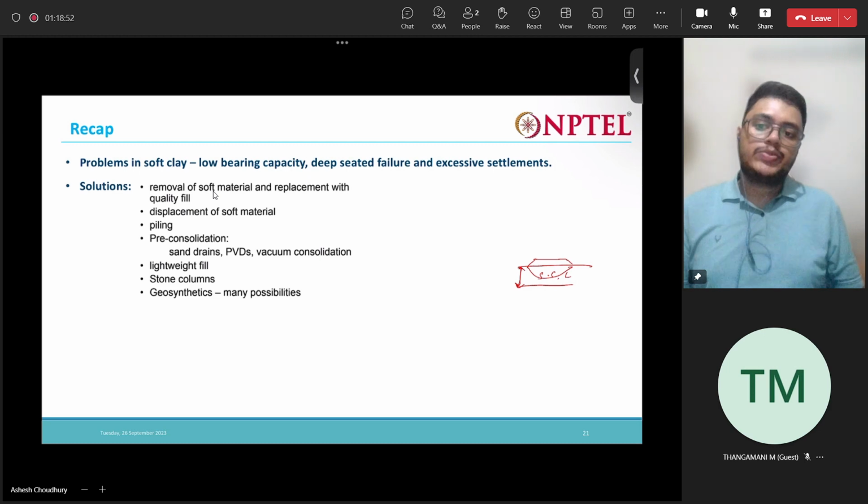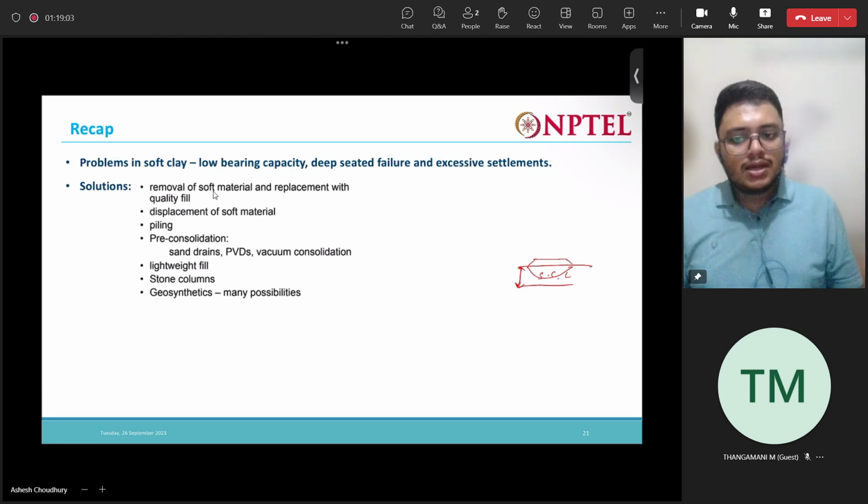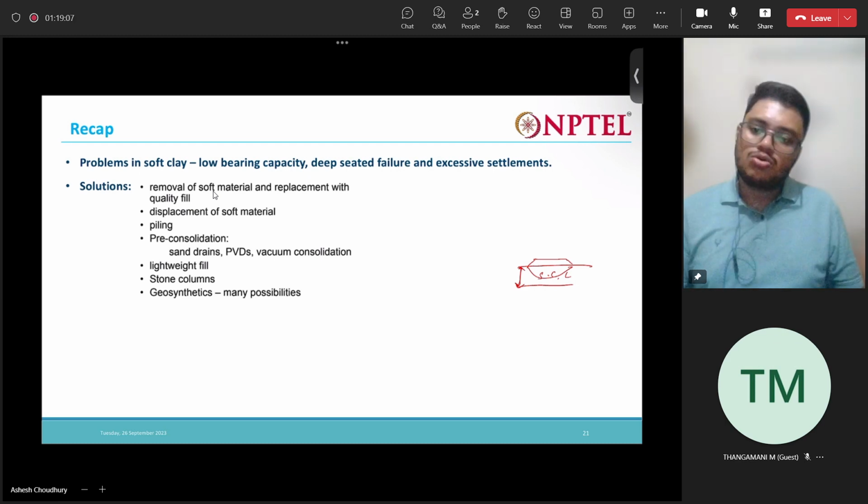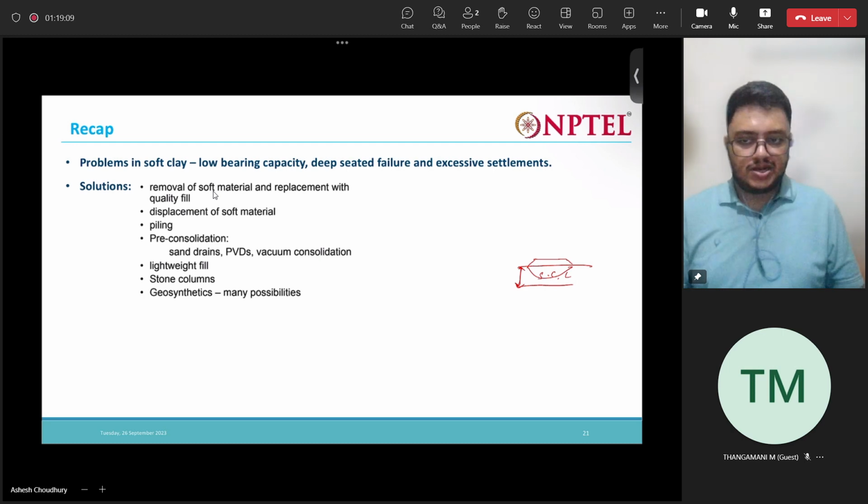But if the depth of this soil is high, then it won't be possible to replace the soil. So we need to choose some other techniques, maybe piling. We discussed pre-consolidation, then maybe lightweight fill, stone columns and many other options are available. So pre-consolidation we discussed. Now let us discuss the stone columns.